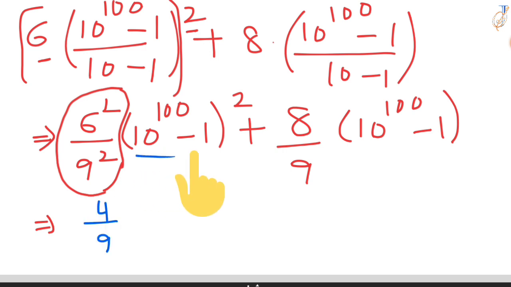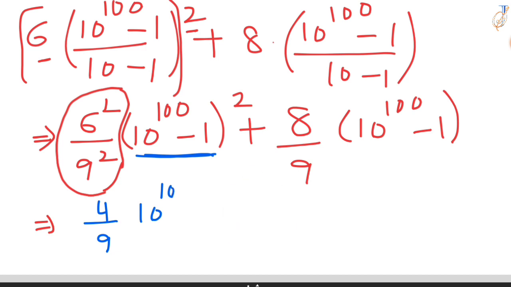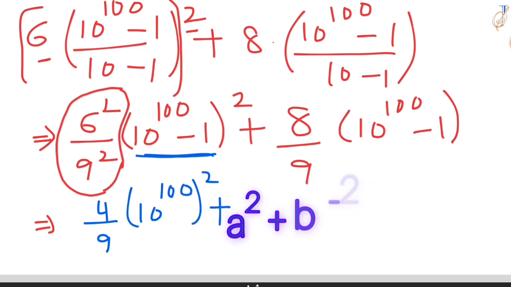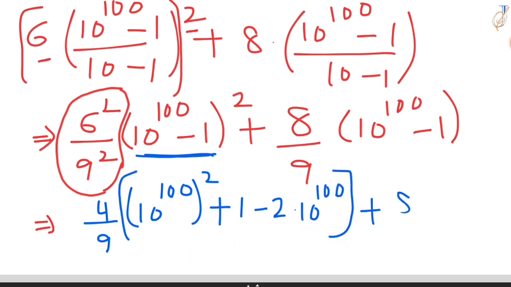This is a minus b whole square. Expand this. What is a minus b whole square? A square, that is 10 power 100 whole square, plus b square, that means 1 square, minus 2 times a, that means 10 power 100, plus 8 by 9 times 10 power 100 minus 1.